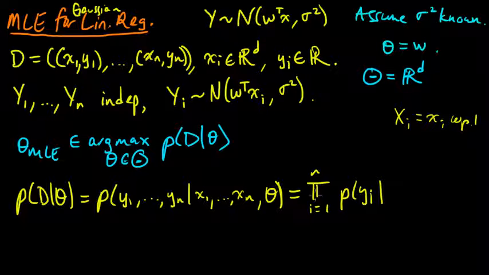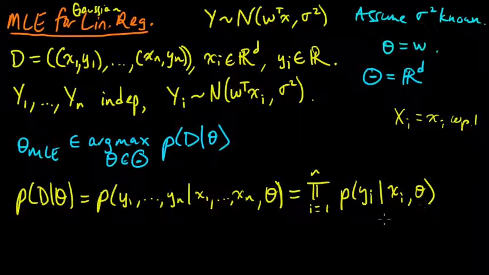And since yi depends only on xi, well, if xi is not random, then it's not dependent in a statistical or probabilistic sense, but just functionally dependent. Technically speaking, we don't have a distribution on theta. Writing it this way is just a notational device to say that these distributions are parameterized by theta. So functionally, yi only depends on xi, and we can drop the dependence on the other x's.